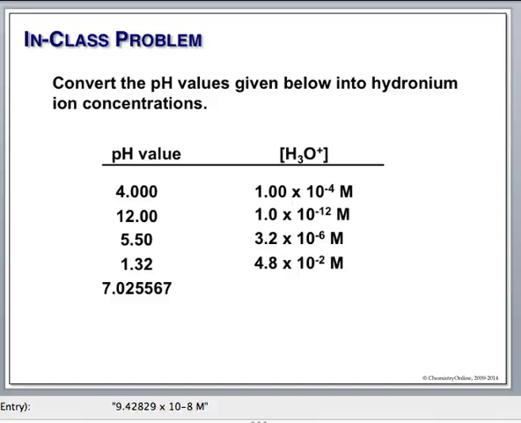Is this solution acidic or basic? It's basic, it's above 7. Type in minus 7.025567, hit 10 to the x. We have 9.42829 times 10 to the minus 8 molar.